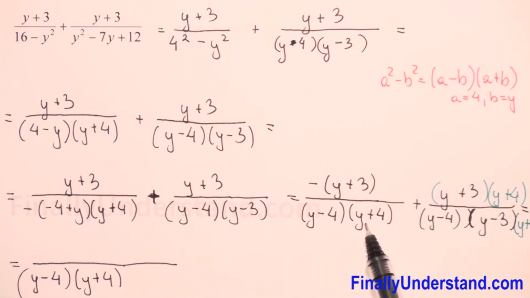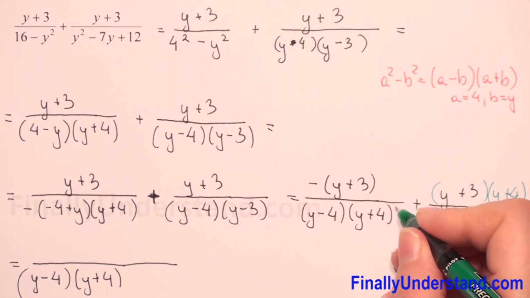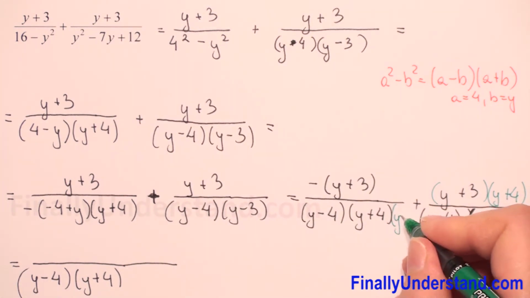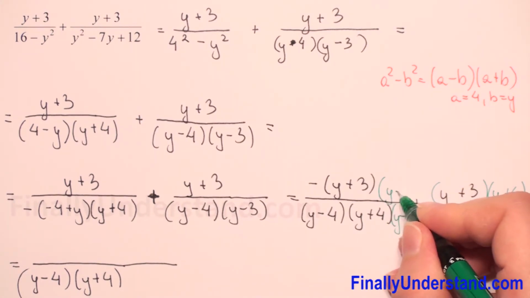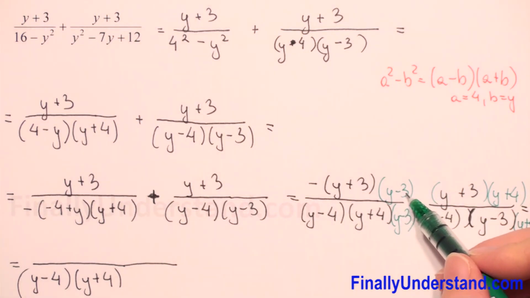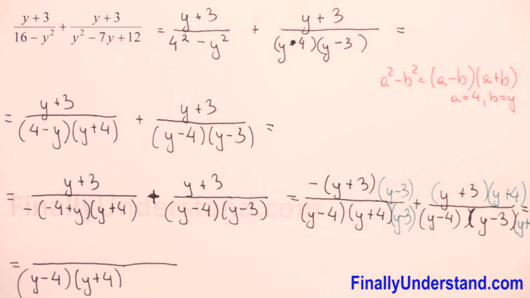Y minus 4, y minus 4, y plus 4 and y plus 4 we have, and here we have y minus 3. It means we have to multiply the first denominator by y minus 3. We need to have the same denominator, that's why I multiply this denominator by y minus 3, and when I multiply the denominator, I have to multiply the numerator by the same expression. So now in the denominator we have y minus 4 times y plus 4 times y minus 3.